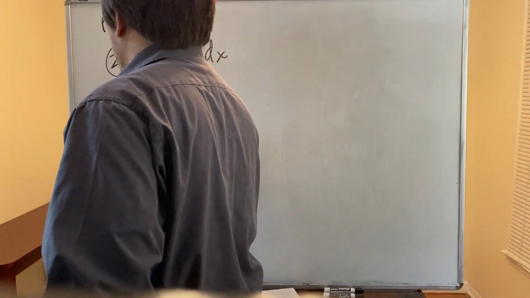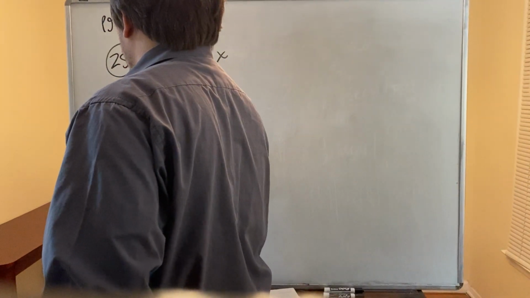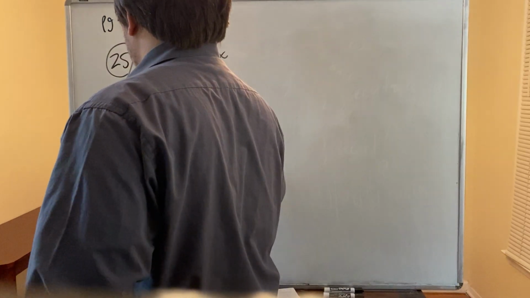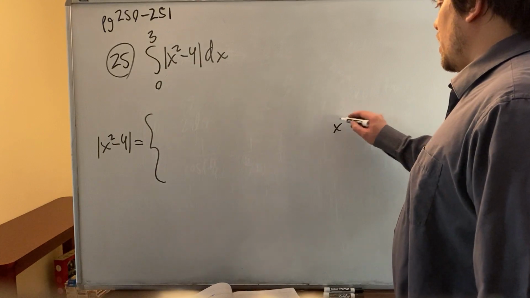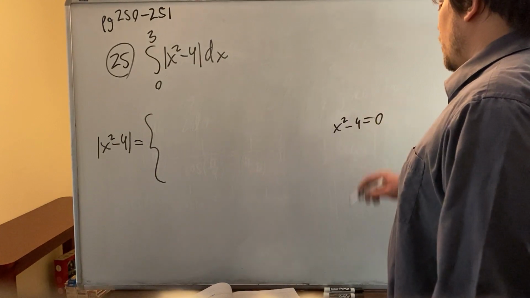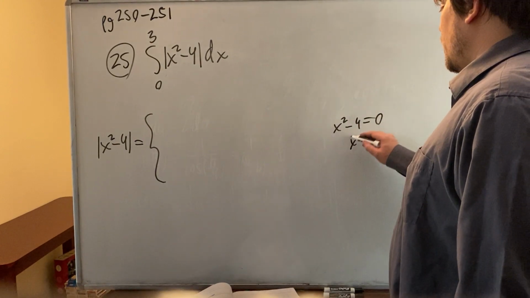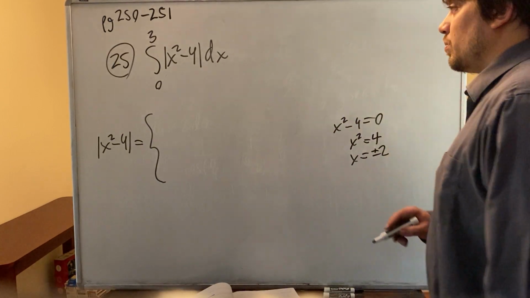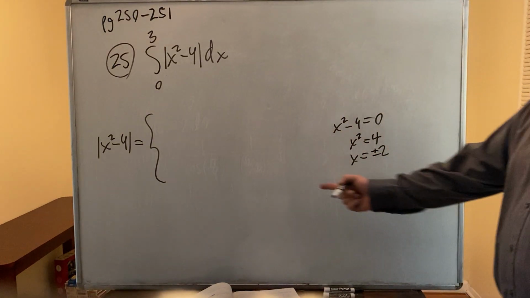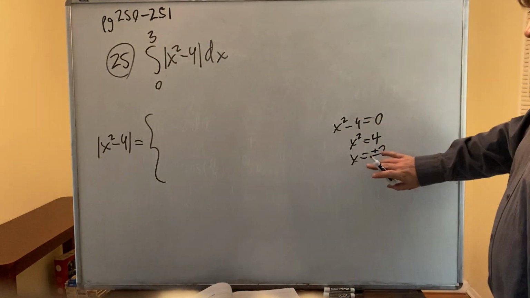So for the absolute value of x squared minus 4, right? Well, on the side here, x squared minus 4 equals 0 would mean that x squared equals 4, which means x equals plus or minus 2. Now, we're only going from 0 to 3, so the minus 2 doesn't matter.